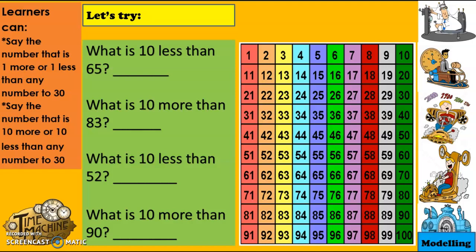What is 10 less than 65? Very good. It's 55. What is 10 more than 83? Good. It's 93.